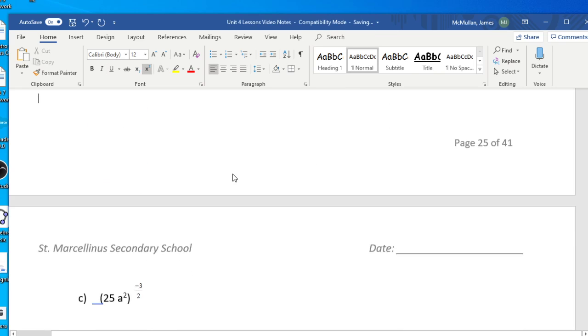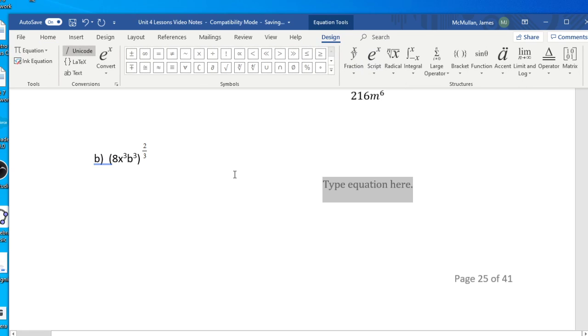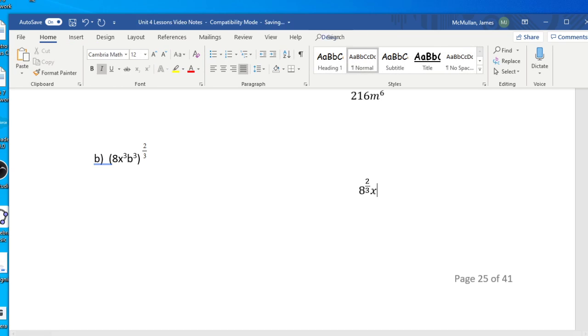Okay, this one. 8x cubed b cubed all to the power of 2 over 3. So I get 8 to the power of 2 over 3, and x cubed to the power of 2 over 3 is only going to leave me with x squared.